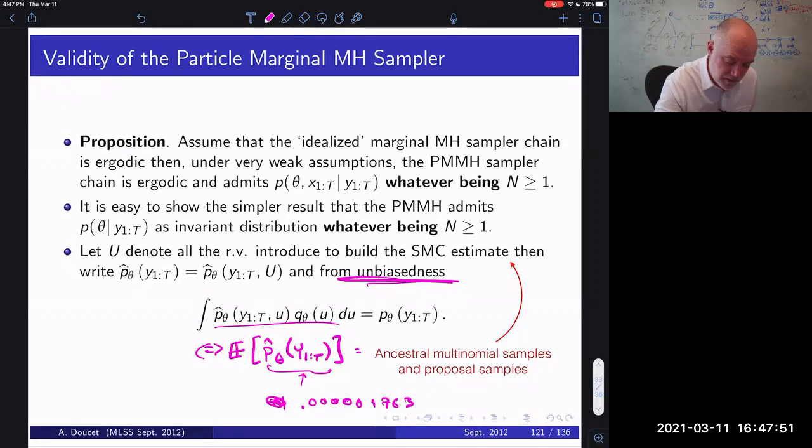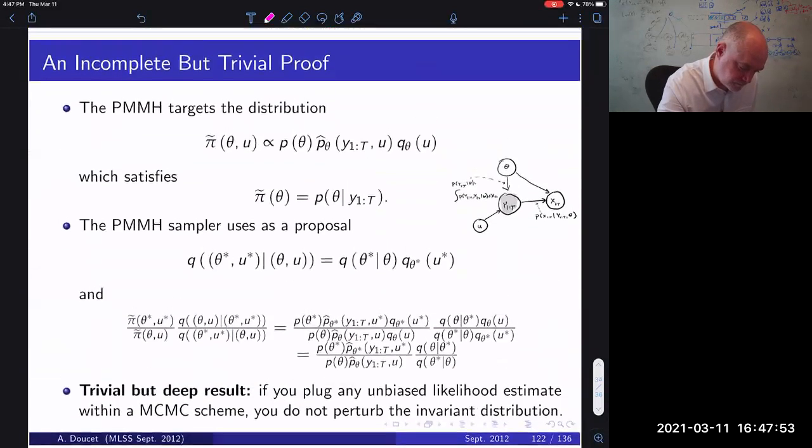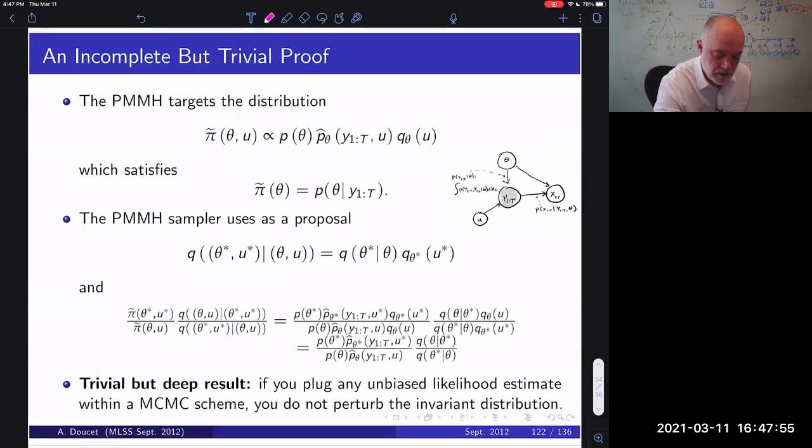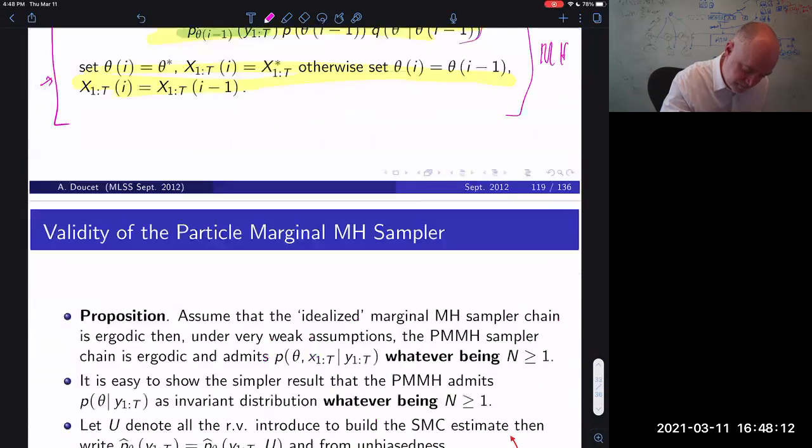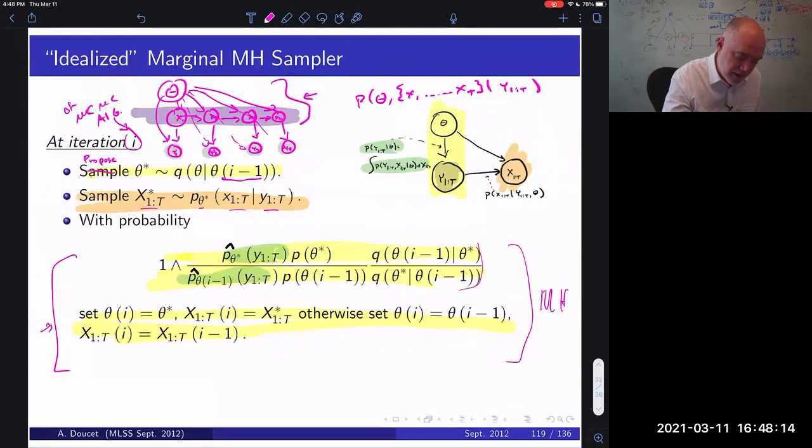Here comes the trippy bit. There's this algorithm which I suggested, right? We had this idealized marginal Metropolis Hastings sampler. And then I said, oh man, if we could just use estimates here, that would be super sweet.